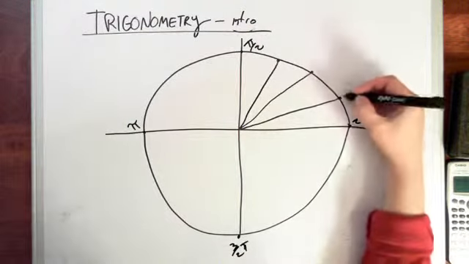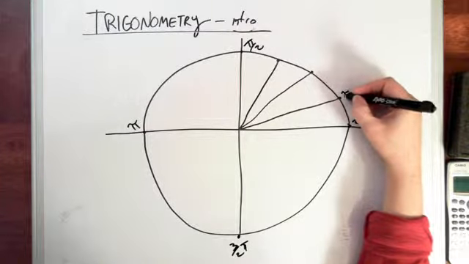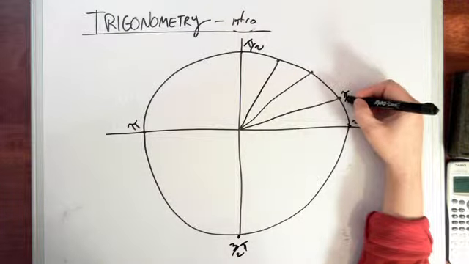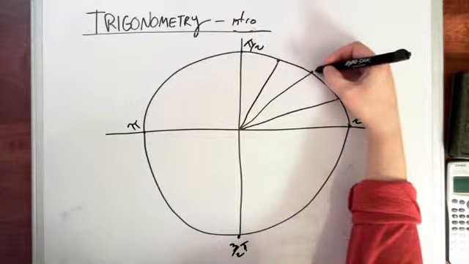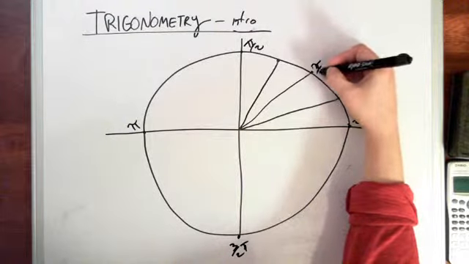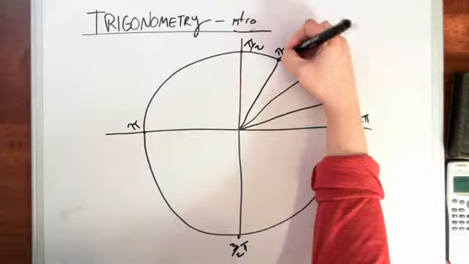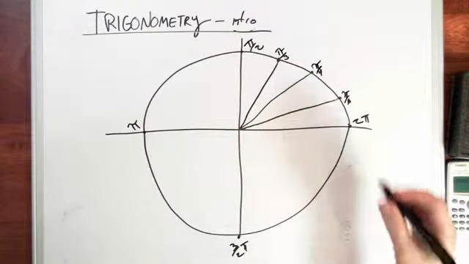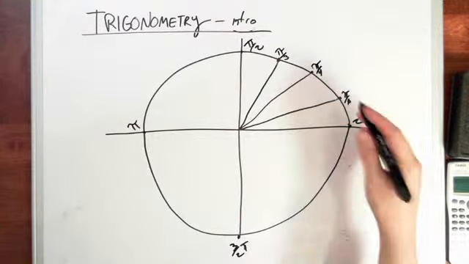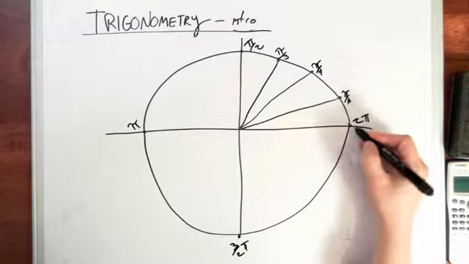So what was that? That was pi over 6, pi over 4, pi over 3. And let's write our points in here.